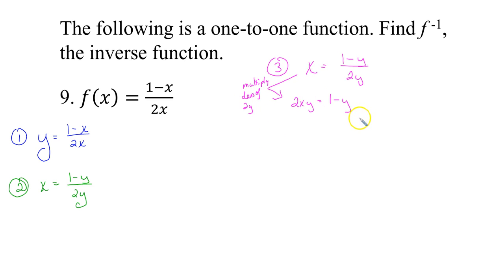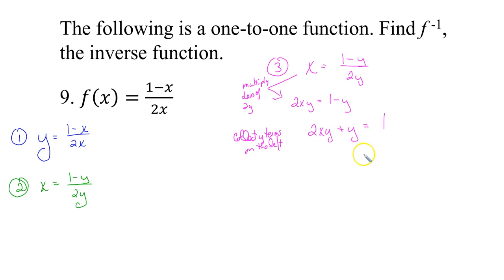And so now I have this y term here and a y term here. So now I'm going to collect all of the y's on the left-hand side. So collect y terms on the left. And that's going to give me 2xy plus y is equal to 1.